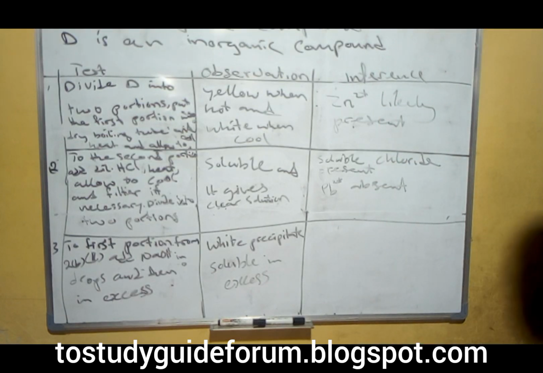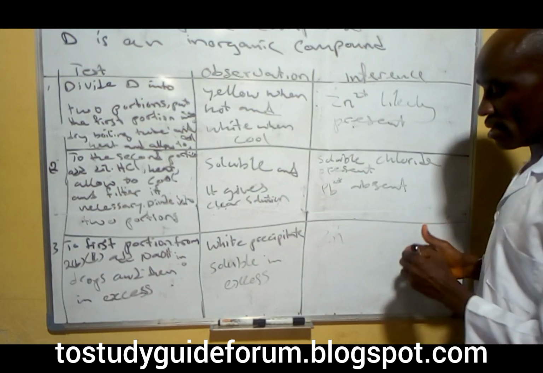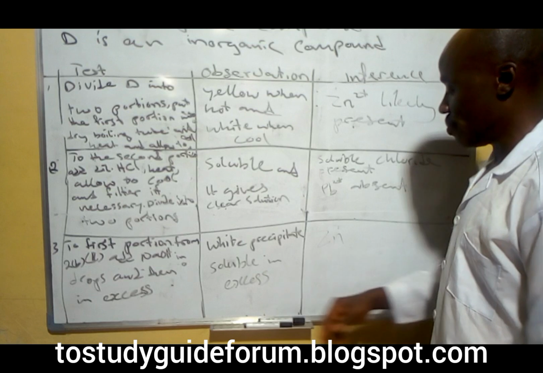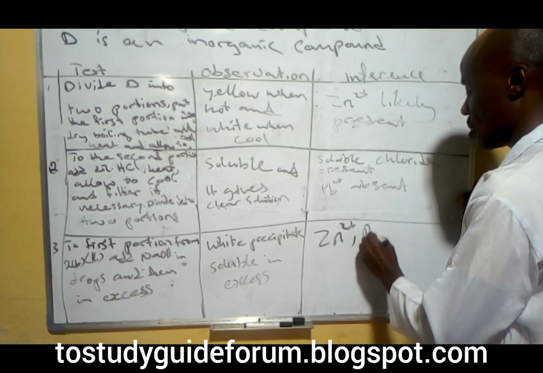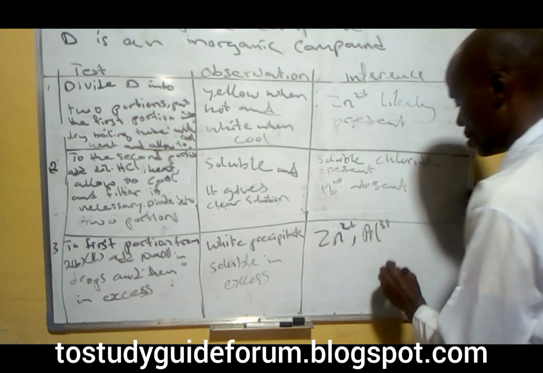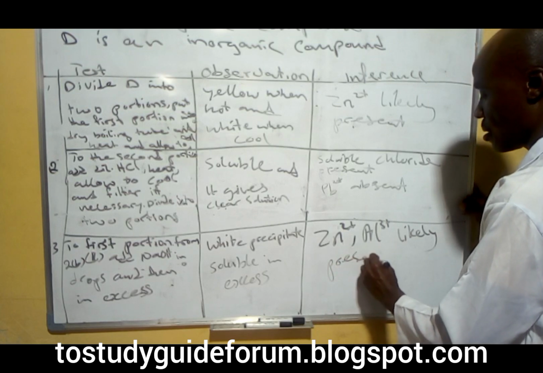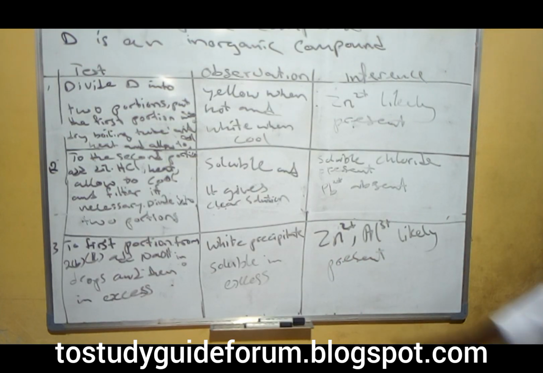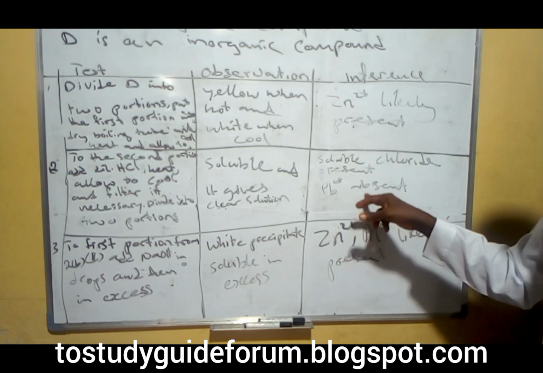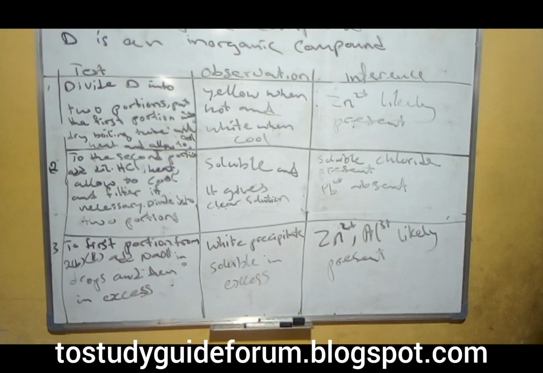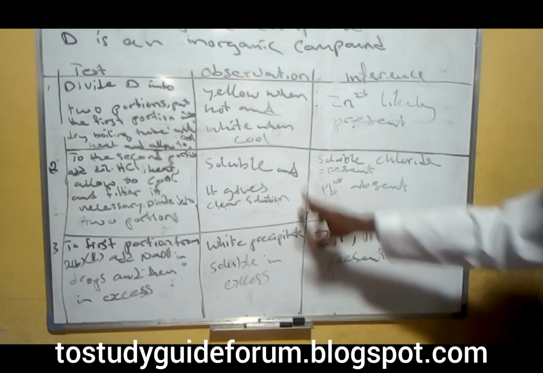If it's soluble in excess, since we have already confirmed that lead is not here, what we are likely to have is zinc ion or aluminium ion. So zinc ion is likely to be there, aluminium ion is likely to be there, but lead is not, because if there were lead, it would have shown its effect in the first place.